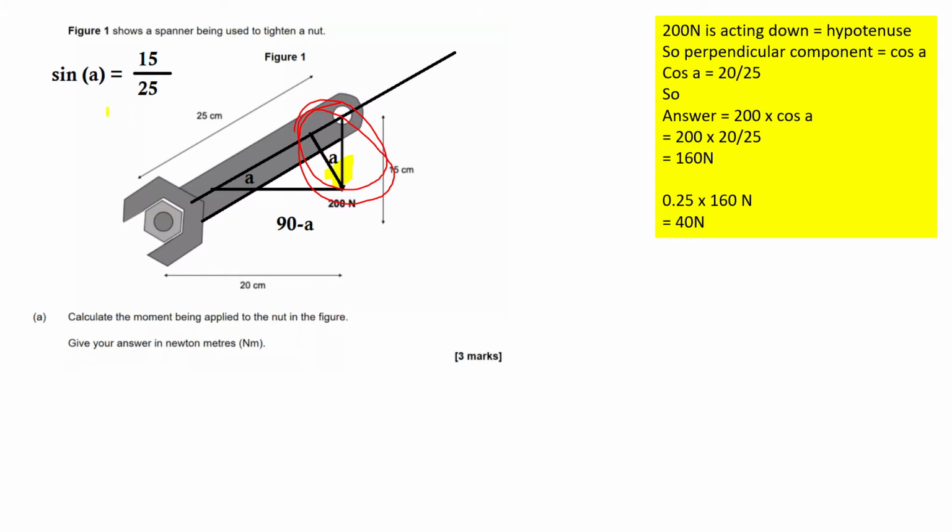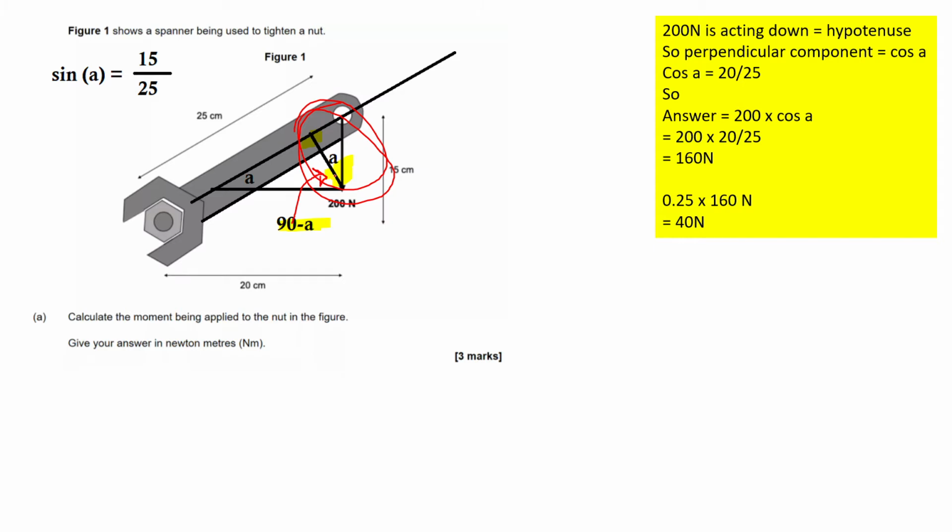So if you know that's A, this is 90, that's 90, this is 90, and this whole thing is 90. So if this angle is A, that means that this angle is 90 minus A. So this 90 minus A is for this one here.